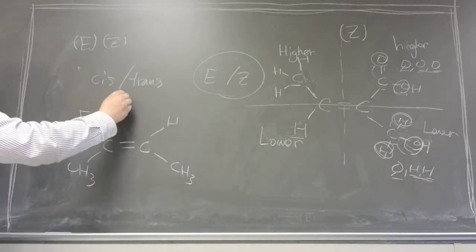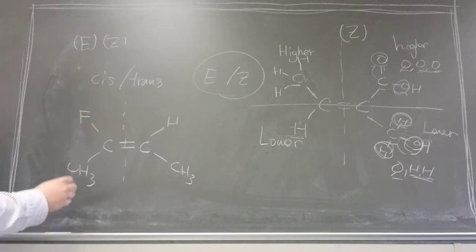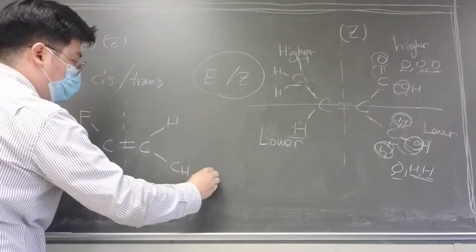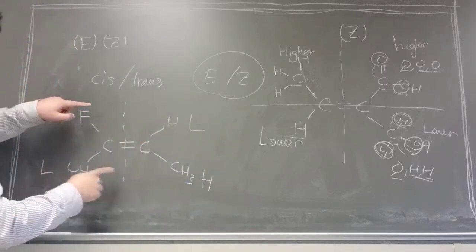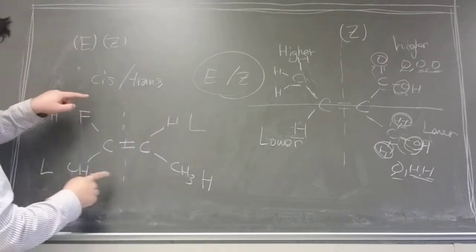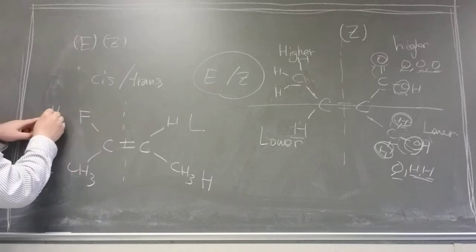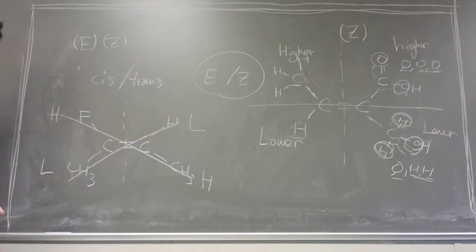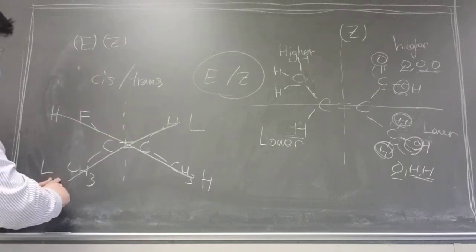So I'm just going to do the same, right? This is higher, lower, higher, and lower, because you're comparing these two on each side. In this case, the high priority groups are on opposite sides, and the lowers as well.